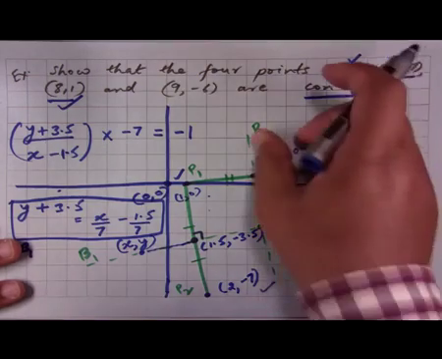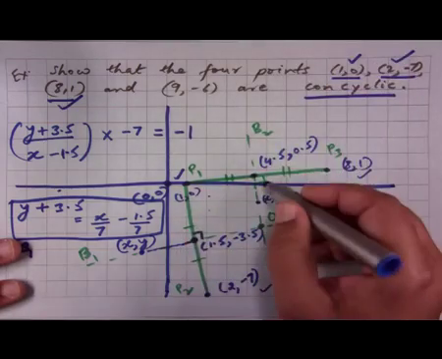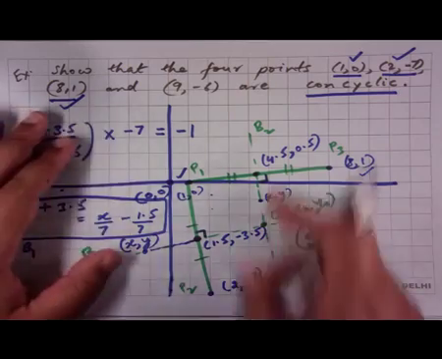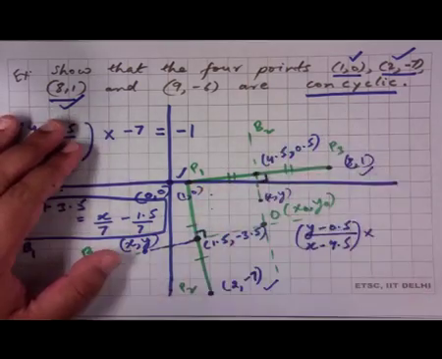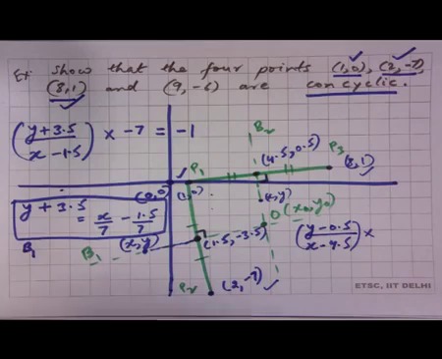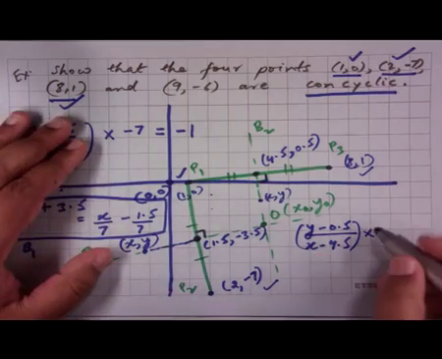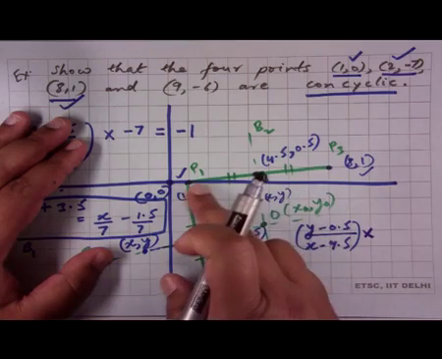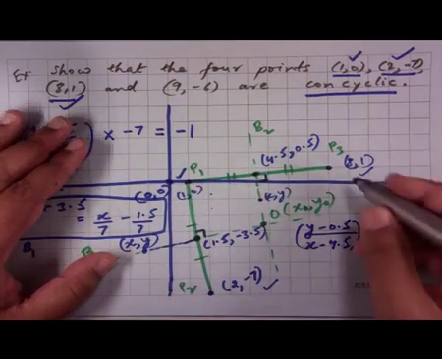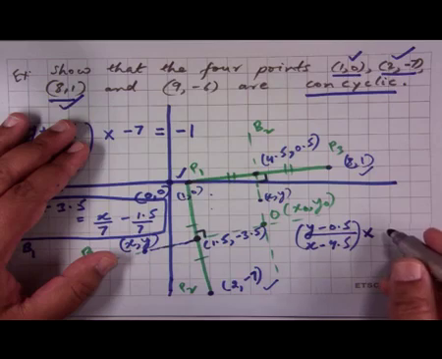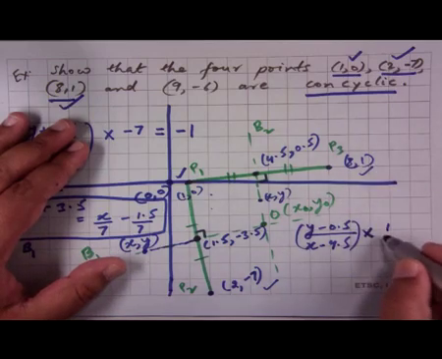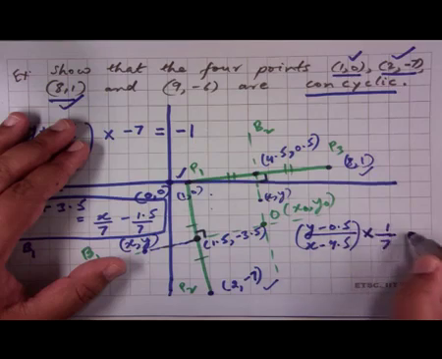Since this perpendicular bisector and the chord are at 90 degrees, the product of their slopes will be minus 1. Therefore, this times the slope of the chord, which is 1 upon 7, equals minus 1.